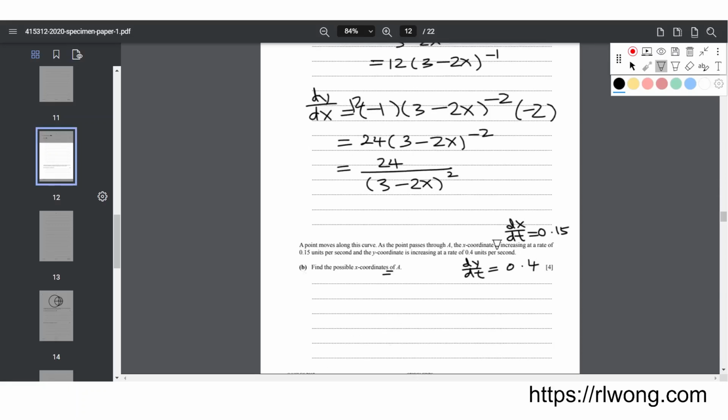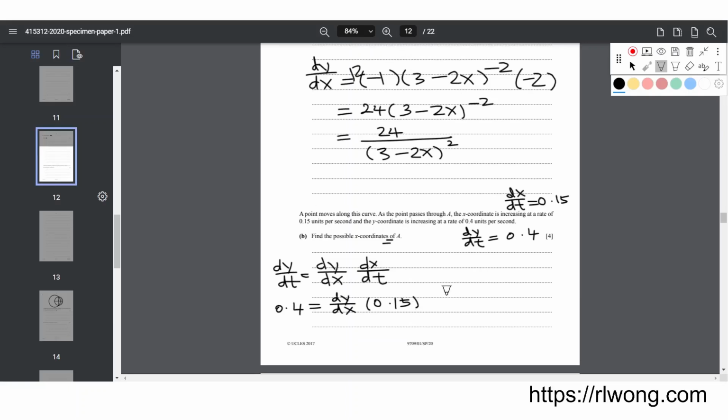Okay, and to link them there's an equation for the chain rule. If I have x and y, I can write dy/dx times dx/dt equals dy/dt. I know that dy/dt is 0.4. dy/dx I do not know, but I can find it, I want a numerical value. dx/dt is 0.15.